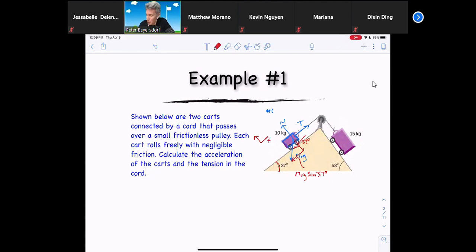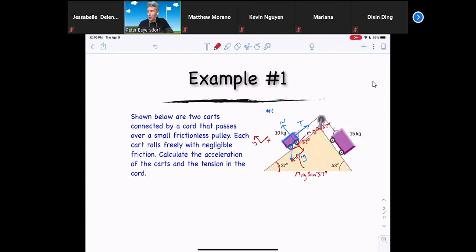So I'm going to choose a coordinate system where my x-axis is in the direction of motion. It's usually easiest if we align our coordinate system to the direction that something is moving or accelerating. In this case, both those things are going to be up the plane for this lower mass cart. So in the y direction, I've got M1G cosine 37 degrees pointing down and the normal force pointing up.